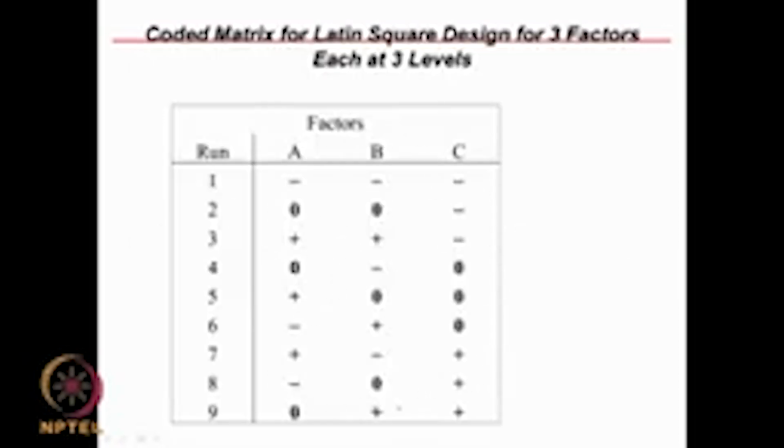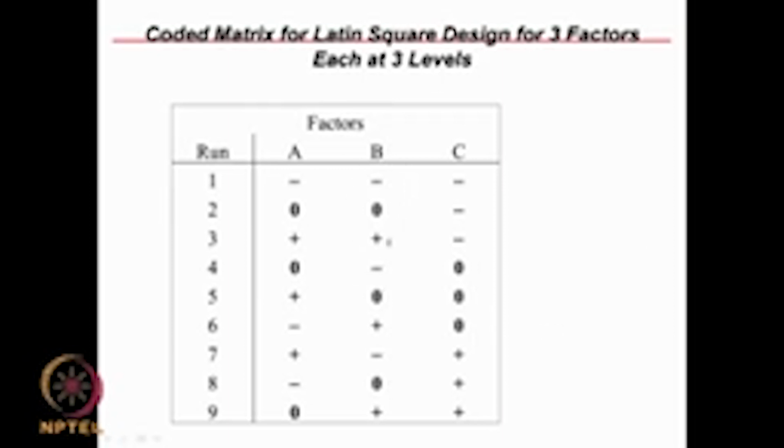This is how you do the experiment with 3 levels. It is important to notice that for each of the factors there is a balance. 3 times you are doing it at the -1 level, 3 times at the 0 level, 3 times at the plus level. So, it is very well balanced, as you can see here.